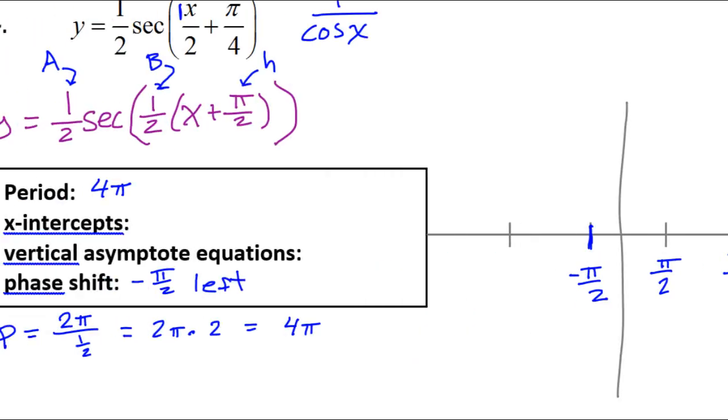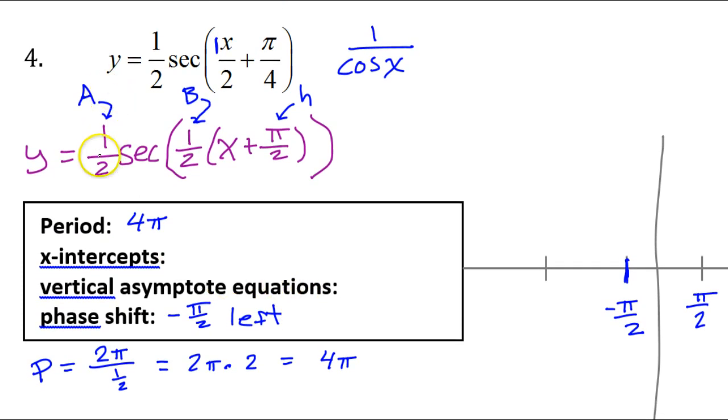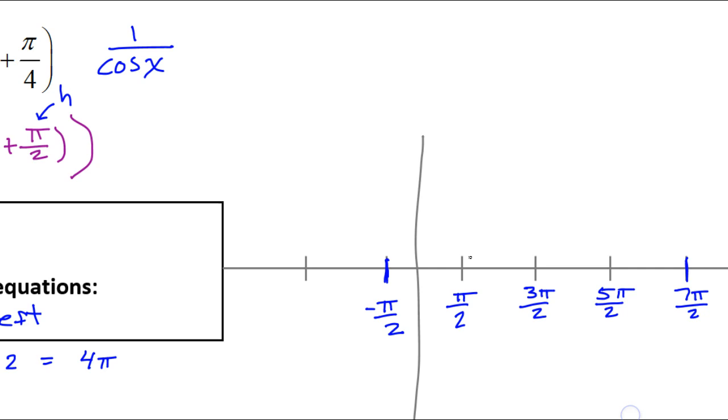Now, let me go ahead and mention the a value. The a value is 1/2. So, I'm going to make these numbers pretty big, because I don't want my graph to be too squished. Well, you know what?